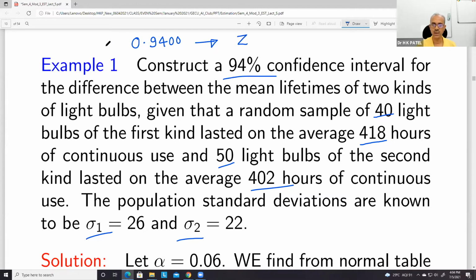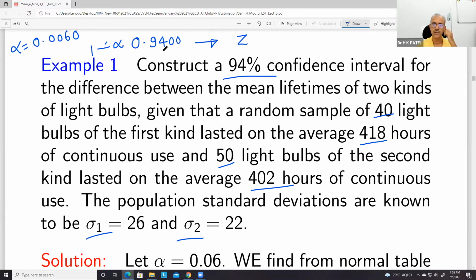So this is actually 1 minus alpha. Alpha will be here 0.06.